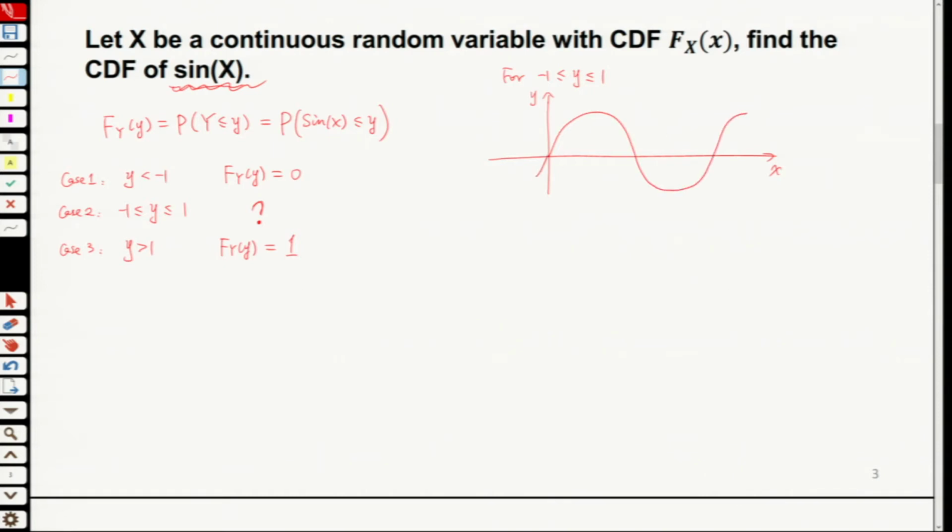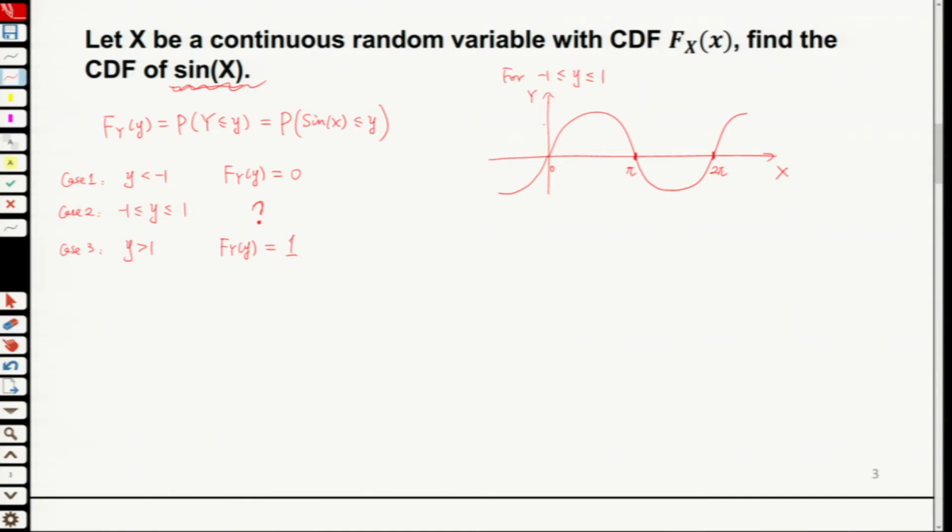And we have sine on this side. For the sine wave, we have 0 here, and what is this location? Pi, and we have 2 pi here. Suppose this is x and this is y.